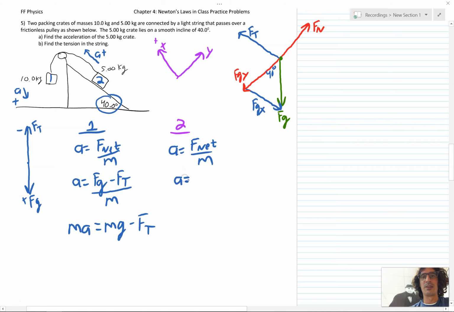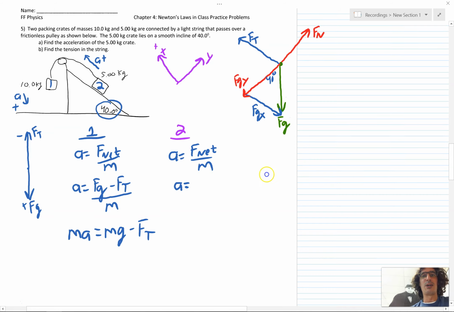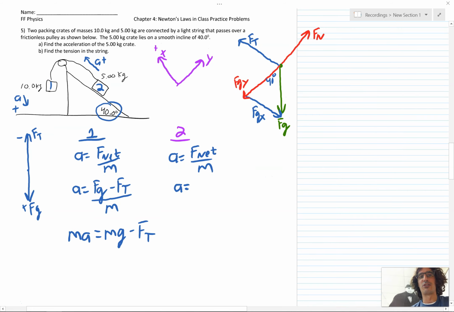The two forces acting on object 2 in the x direction are the tension force, which is going to the left, but that's our positive direction, and FGX, which is going to the right, but that's our negative direction. Which leaves us with F of t minus FGX all over the mass. Let's multiply both sides by the mass. MA equals FT minus FGX.